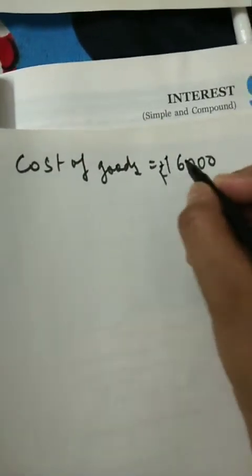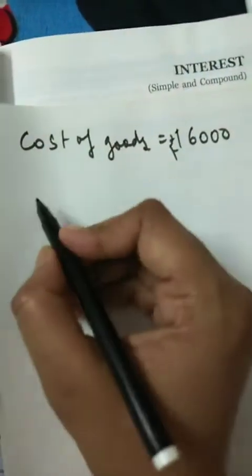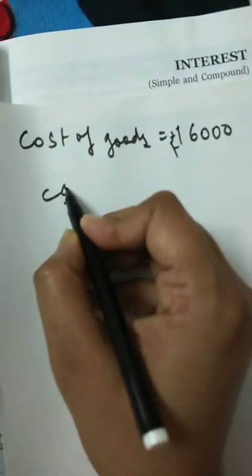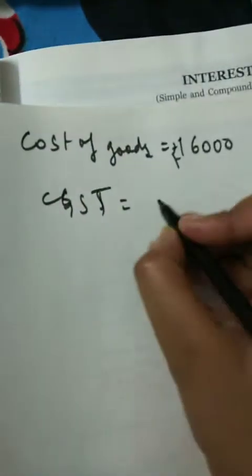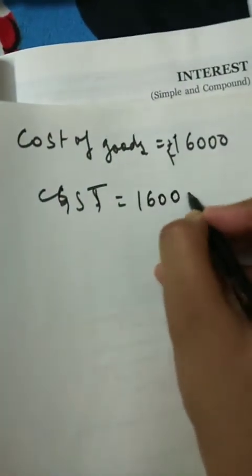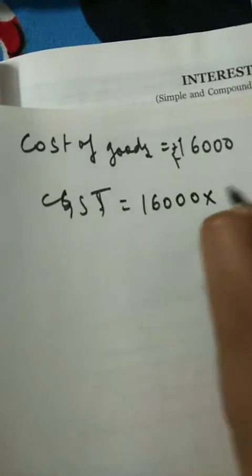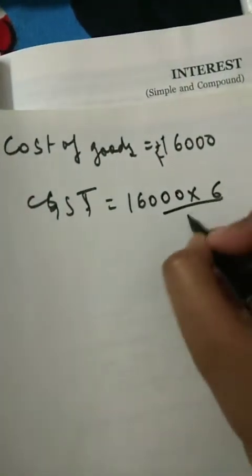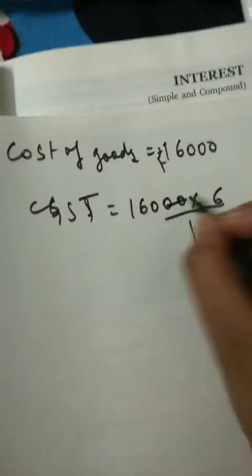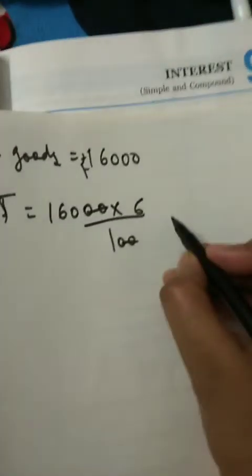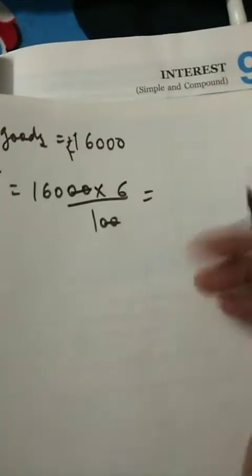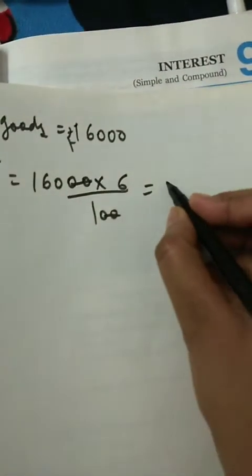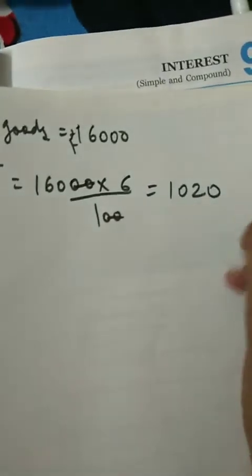rupees. So you will calculate for CGST as 16,000 into 6 upon 100.